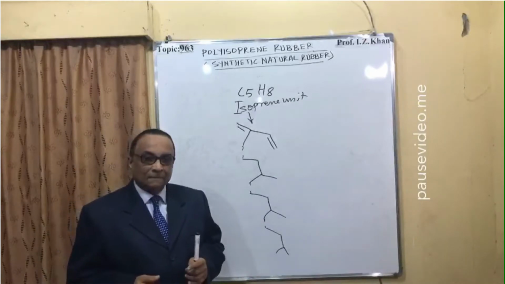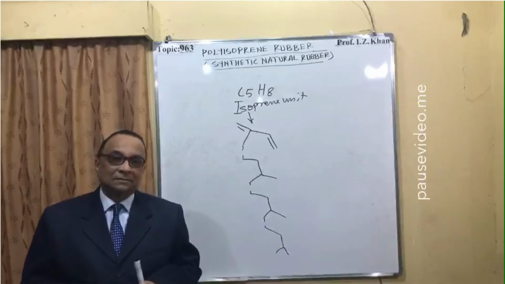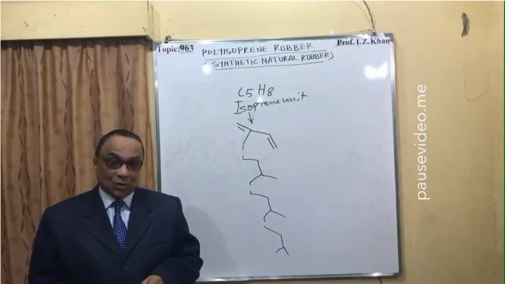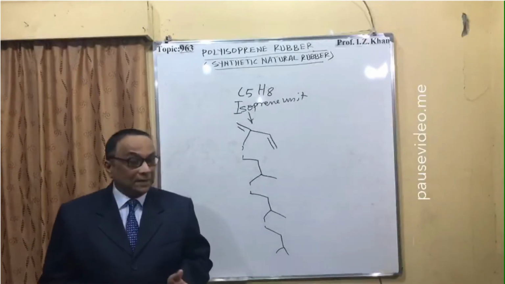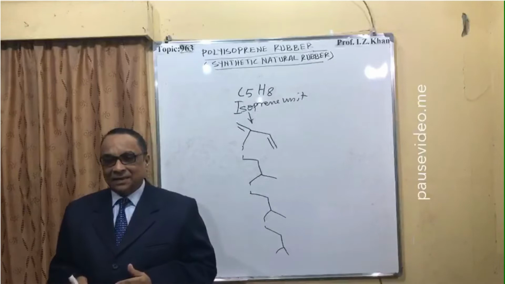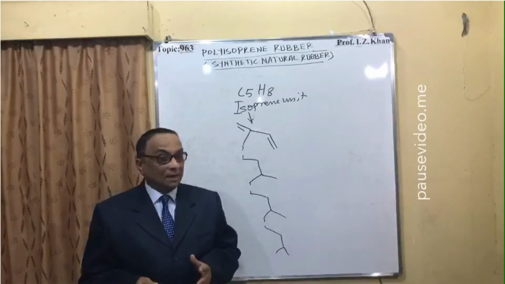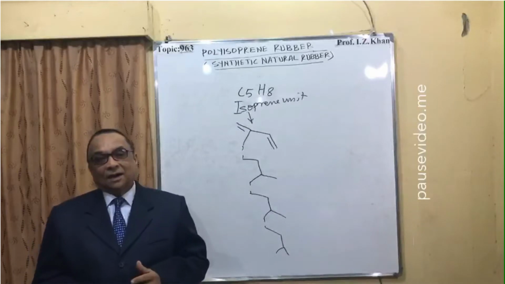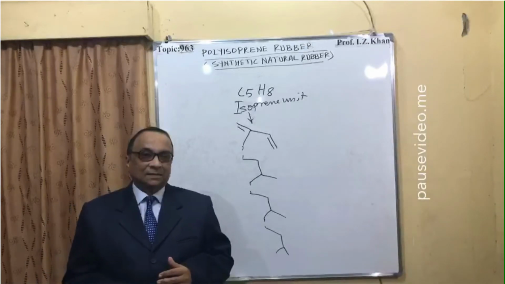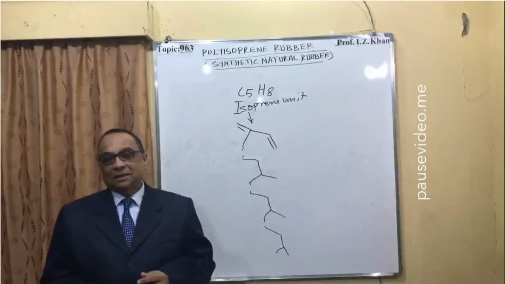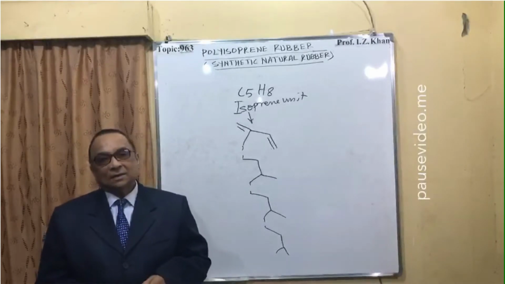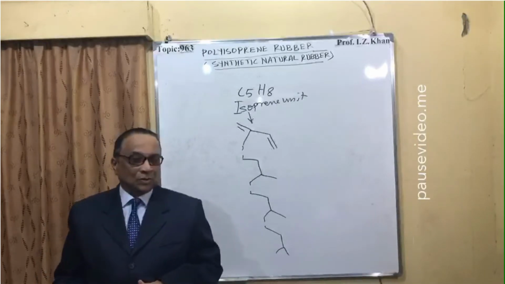Then later on, by the cracking of petroleum, by pyrolysis, all these techniques were used, and from acetone and from butadiene, with cracking and some other reactions using Ziegler-Natta catalyst, they were successful in getting polyisoprene rubber or synthetic natural rubber. I am going to give all these one by one.